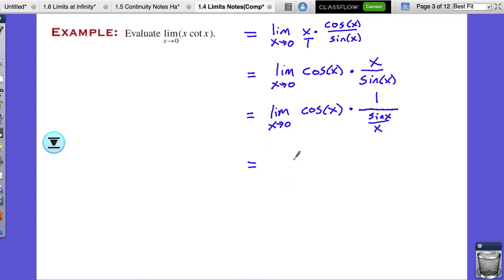Well, the cosecant of 0 is undefined, so it wouldn't really get us anywhere. The reason I'm doing that: yes, 1 over sine is cosecant, but I don't know the limit of cosecant of x times x. But I do know the limit of sine of x over x.